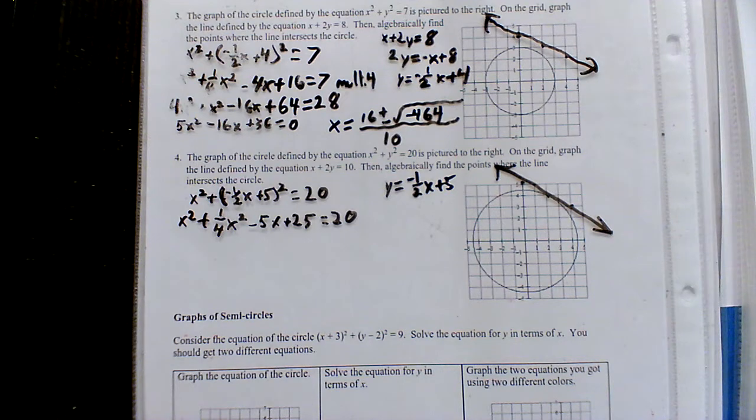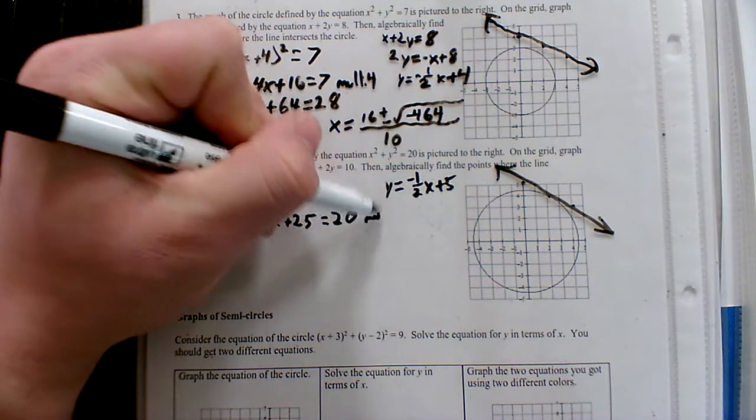What did you multiply by to simplify the fractions in this one? 4. Yep. Multiply by 4 again.